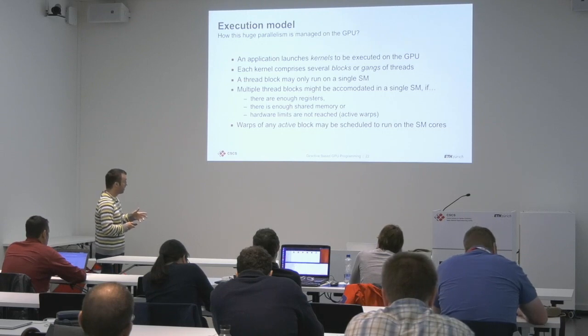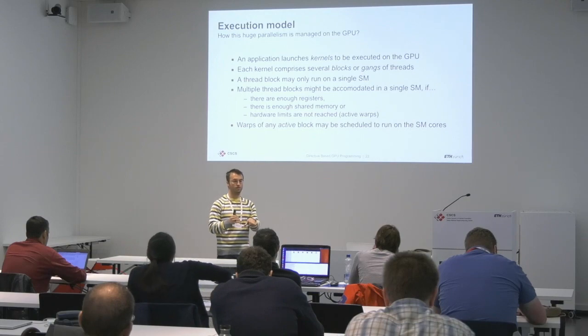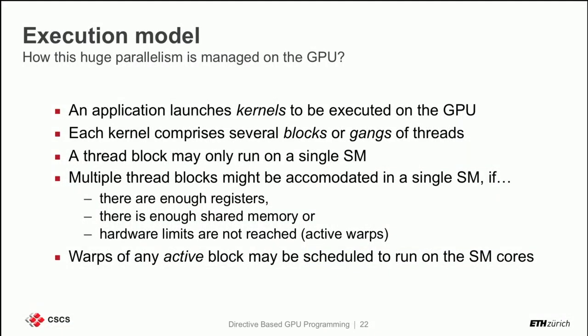Now, all of the blocks that have actually landed on the SM and are executing on it are called active blocks, and all of their warps, that is, their 32-thread bundles, are called active warps.